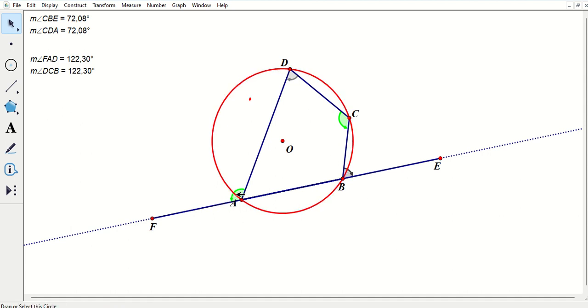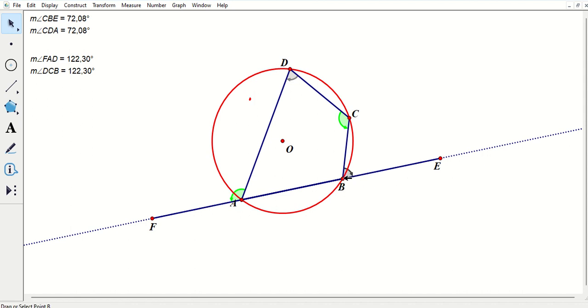Now the exterior angle is outside the cyclic quad, and then we have an angle inside the cyclic quad which is not equal to any of those angles. But we have that the exterior angle, the angle outside the cyclic quad, the angle that is formed when you produce one of the sides of the cyclic quad, is equal to the interior opposite.